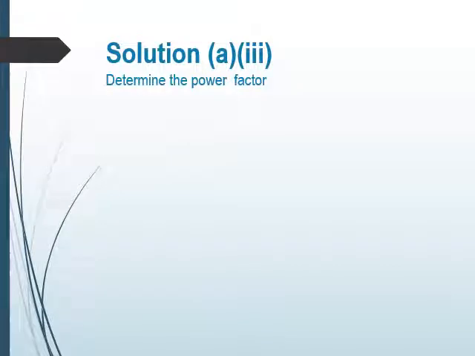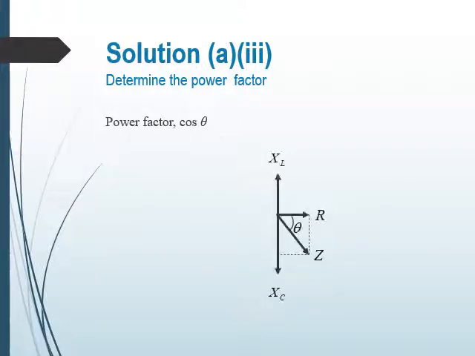Question 3, determine the power factor. First of all, we need to know what the power factor is. Power factor is cos theta. So to determine cos theta, it is always a good idea to have the phasor diagram first. If you look at the phasor diagram, since my XC is larger than XL, Z is located in the fourth quadrant.